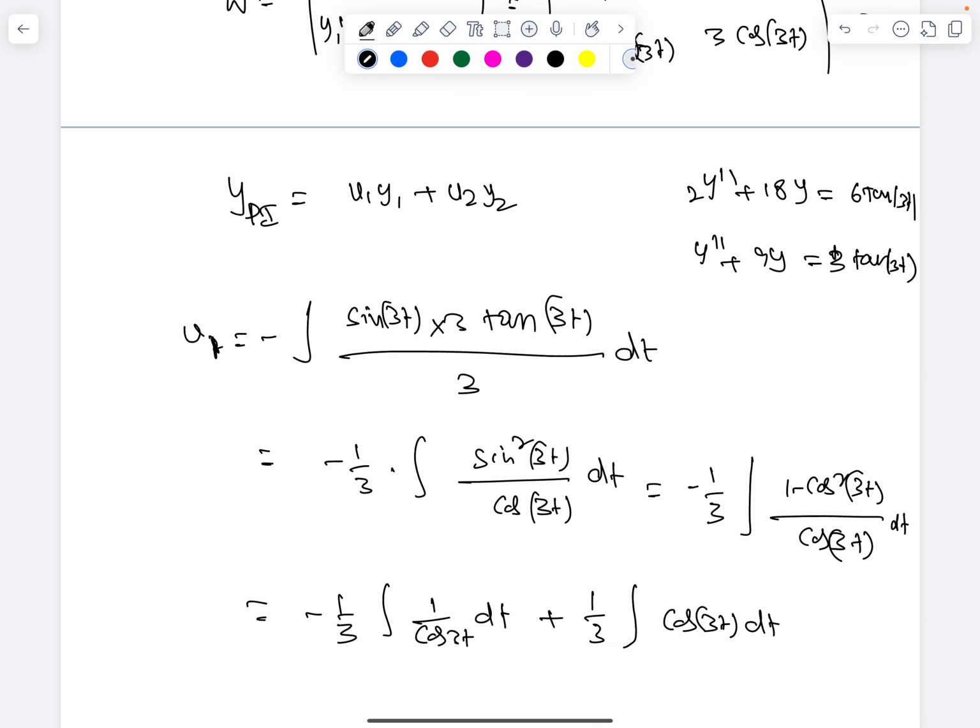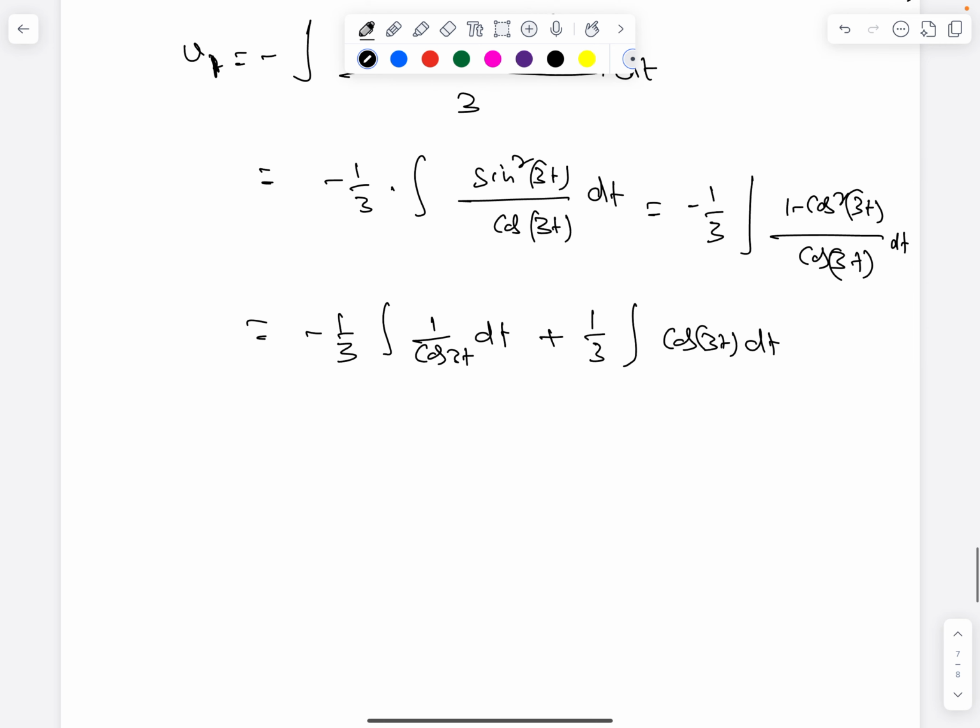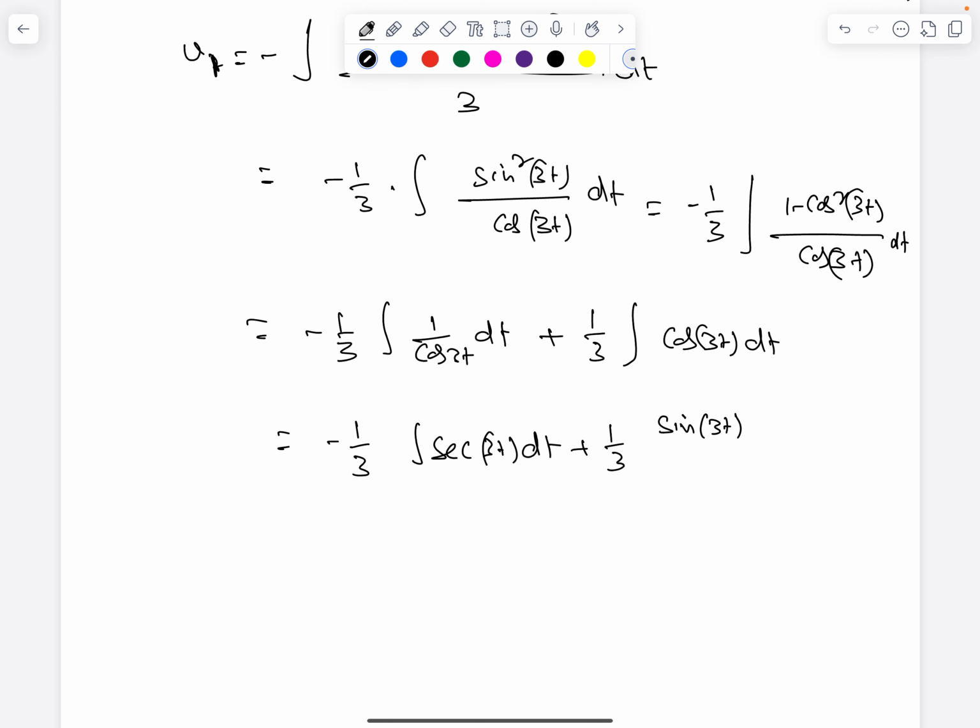So here this ends up with minus 1 by 3 integration secant 3t dt plus 1 by 3, and integration of this is sin 3t divided by 3. So therefore, we have an additional term over there.